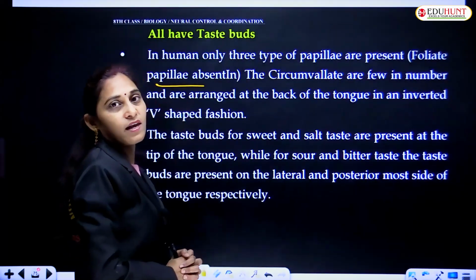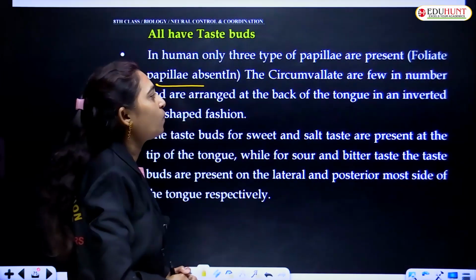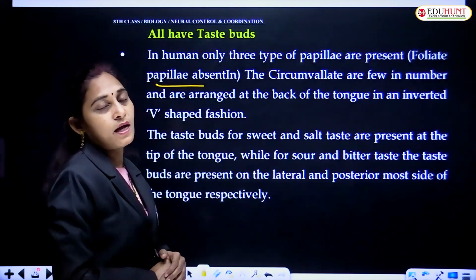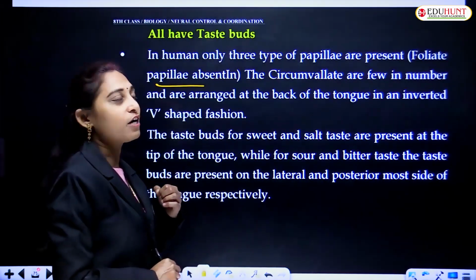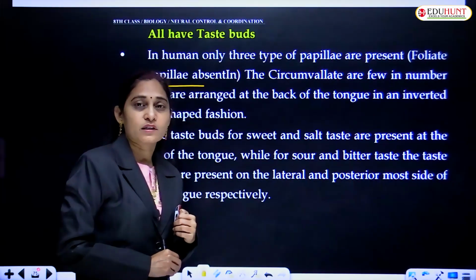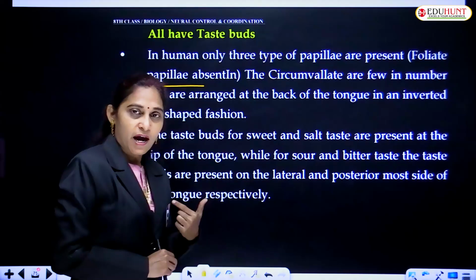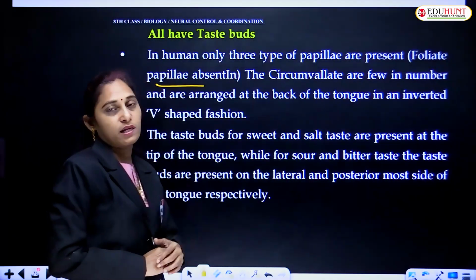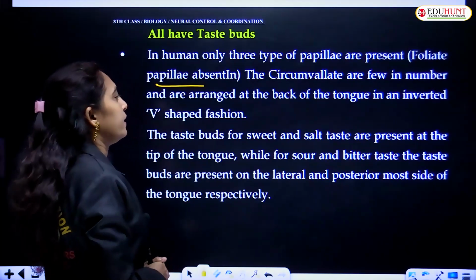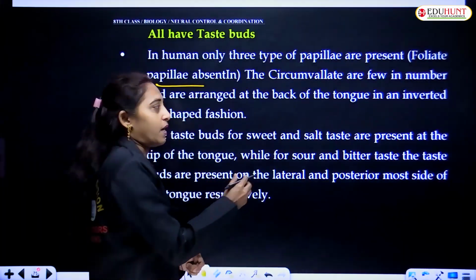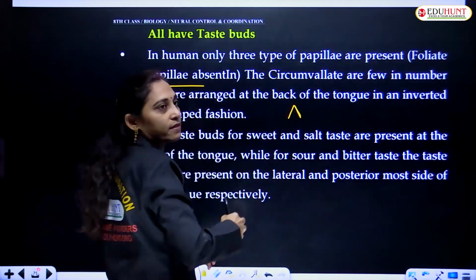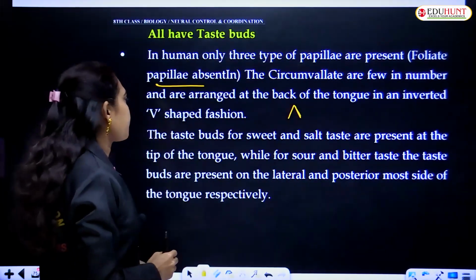And circumvallate are few in number, larger and circular in shape, and they are arranged on the back side, that is the posterior side of the tongue, in an inverted V shape.